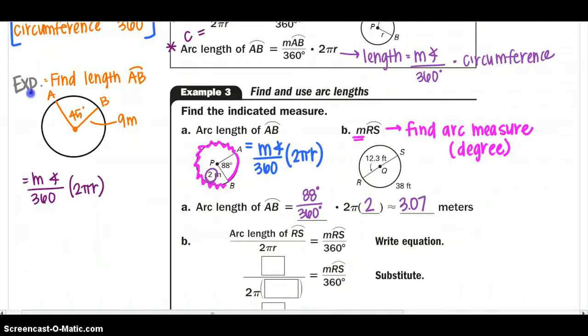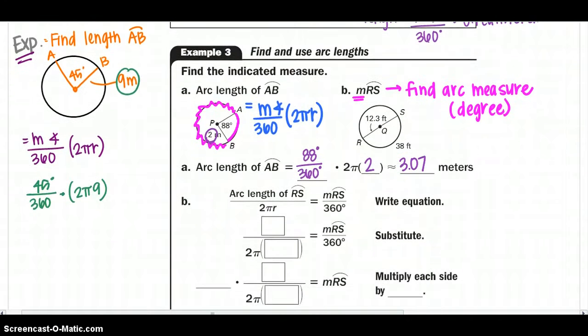Going to the left, looking at another type of problem. Let's do it one more time with that same equation. The measure of the angle, 45 degrees over 360 degrees, times 2 pi times my radius, which is 9. So if I reduce 45 over 360, I get 1/8 times 18 pi.